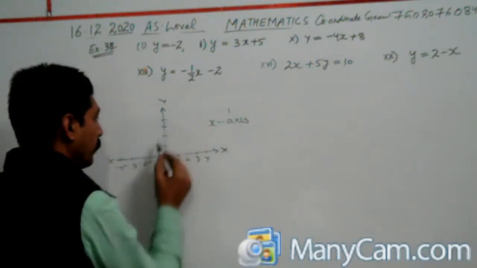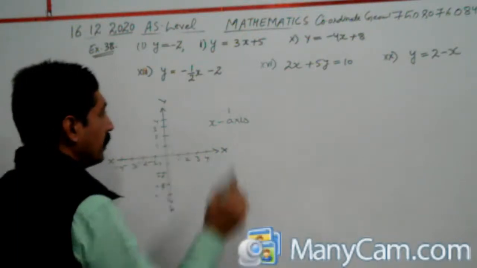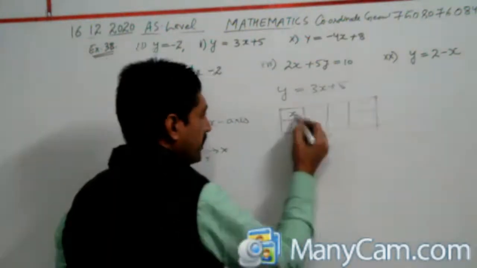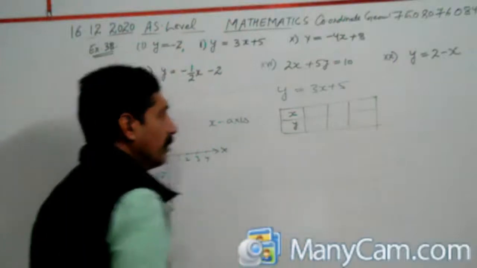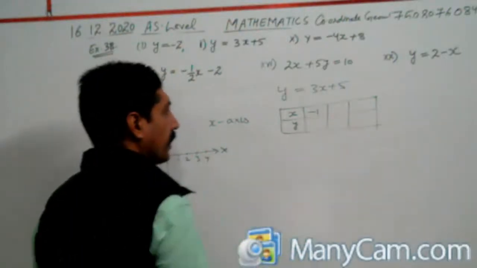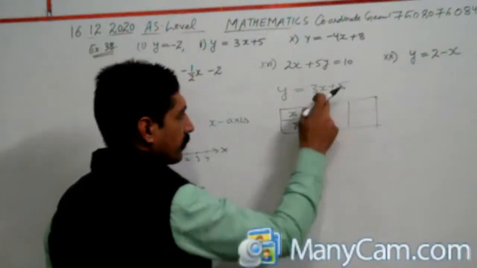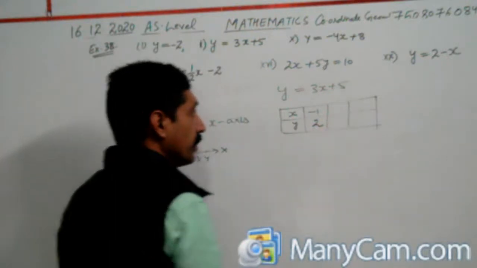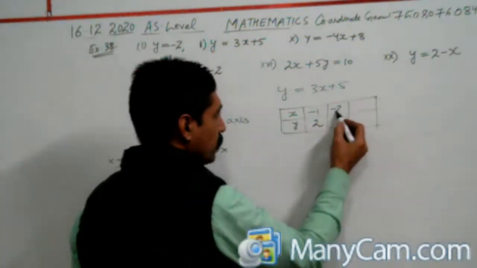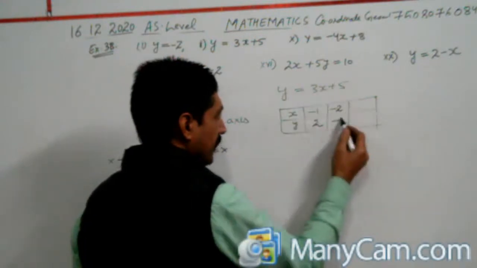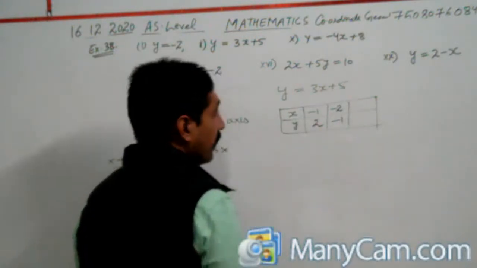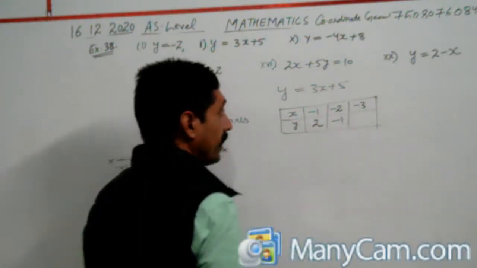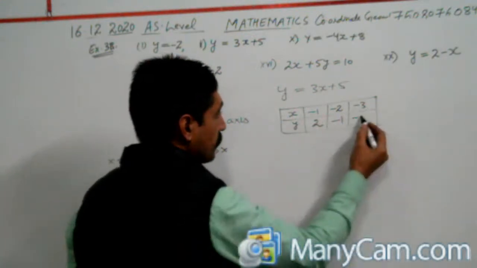If x is equal to minus 1, y is 2. If x is equal to minus 2, then minus 6 plus 5 is equal to minus 1. And if x is equal to minus 3, then y is equal to minus 4.